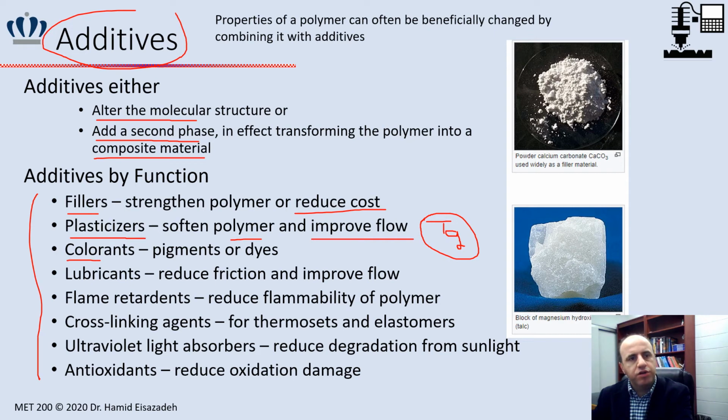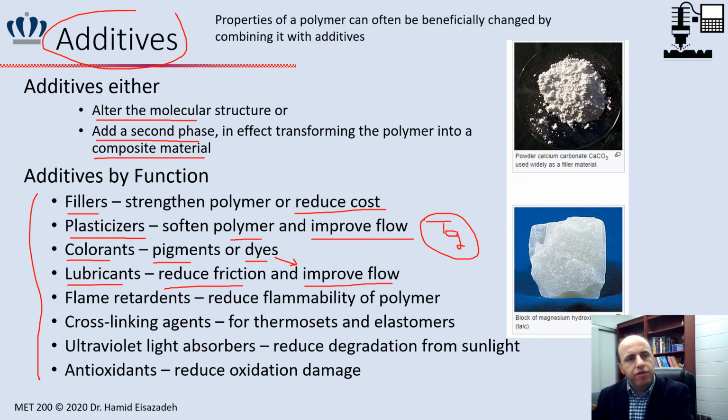And we have colorant, and the colorants are of two types, pigment and dye. Pigments are very fine powder, and dyes are liquid, and dye can actually make the polymer transparent.